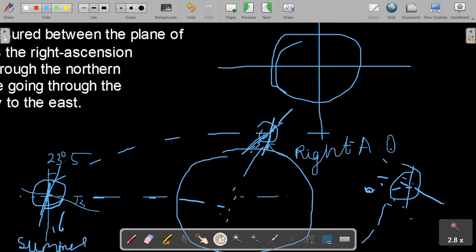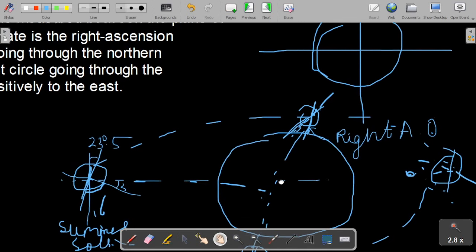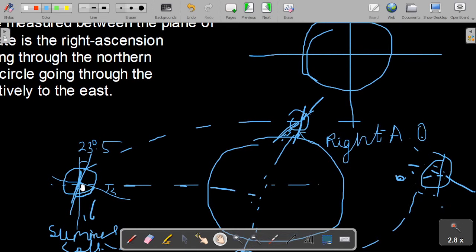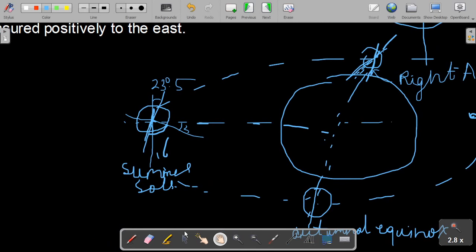Now, as we move, another thing is that the poles of the earth make an angle of around 23.5 degrees with the plane of the ecliptic, which is the path or the plane in which the earth revolves around the sun. Now, as we move around the sun, at the point of the summer solstice, the sun is at its highest declination.